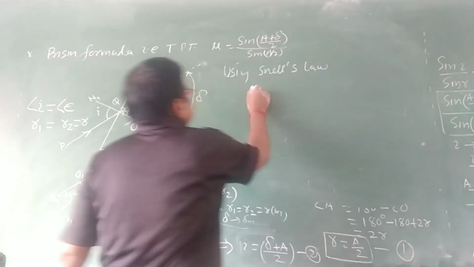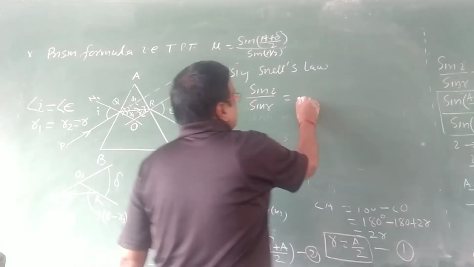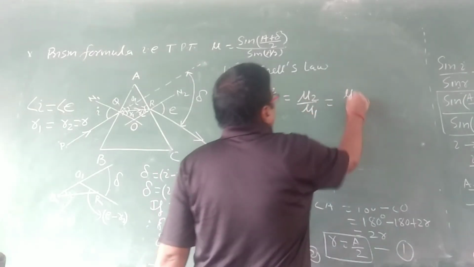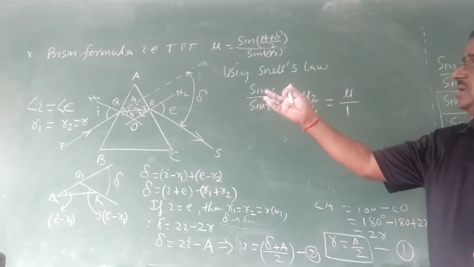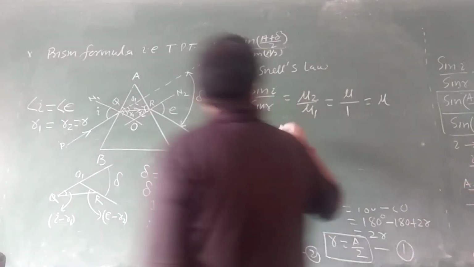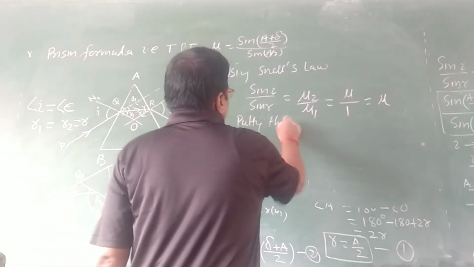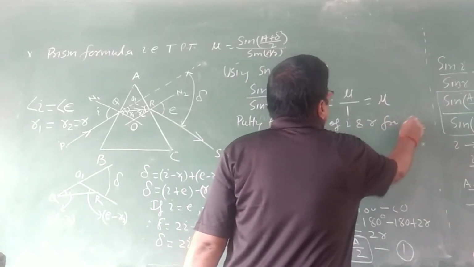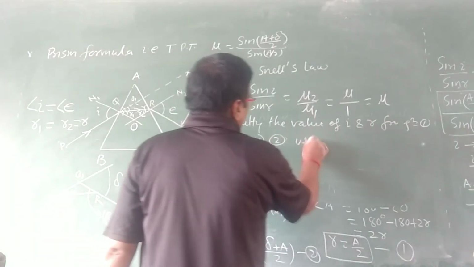Now using Snell's law, this is sin I by sin R is equal to mu, or we can write mu2 by mu1. Here for this mu2 is mu and mu1 is 1. It is kept in air, so outside the medium has a refractive index 1. So this is equal to mu. So now substituting the value of I and R from equation 1 and 2, what do we get?